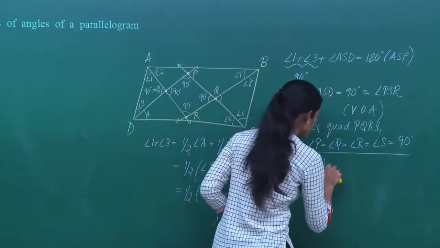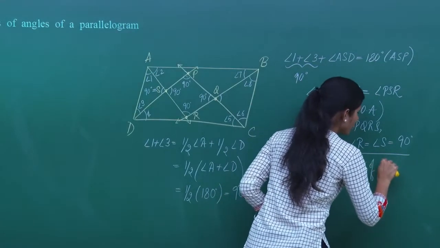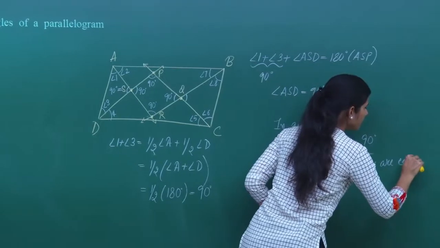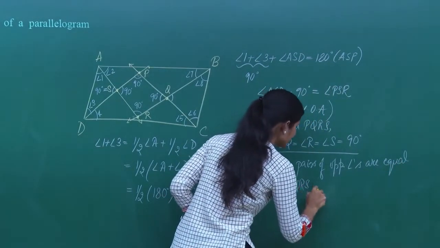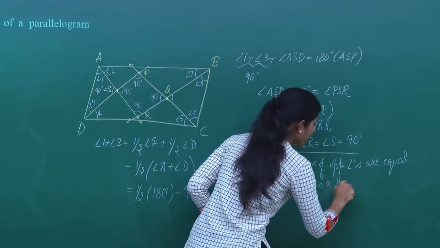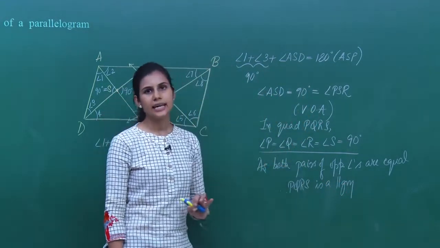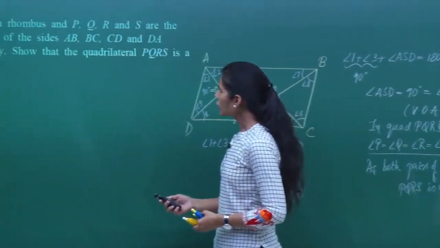So as both pairs of opposite angles are equal, therefore PQRS is a parallelogram, and the moment PQRS is a parallelogram with each angle as 90 degrees, it is a rectangle. Okay? Let's talk about the next question.